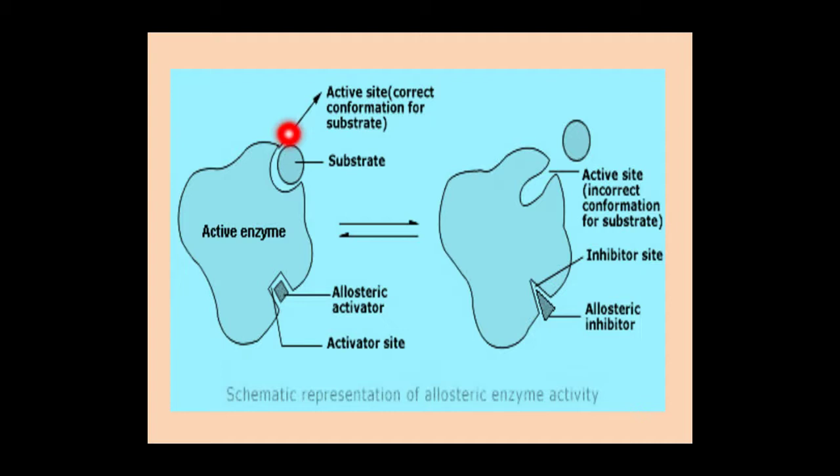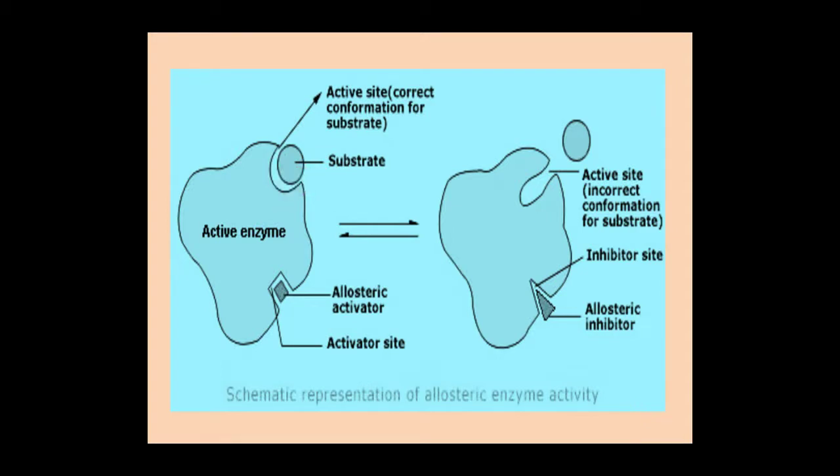This is the active site of the enzyme where the substrate molecule binds, while this is the allosteric site of the enzyme where the activator or effector molecules bind. The effector may be a positive effector or a negative effector. When a positive effector binds to the allosteric site, it gives the catalytic site of the enzyme a conformation which is more suitable for the substrate to bind to the active site.